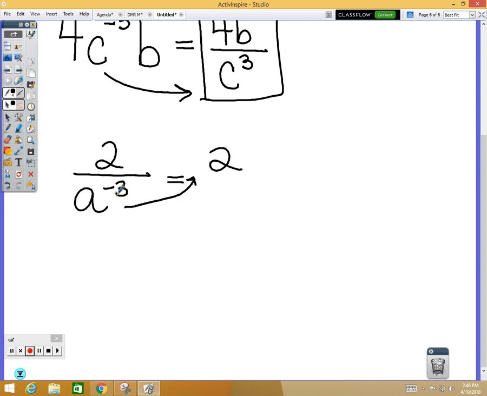So anytime you move it from either the top to the bottom or the bottom to the top, it changes it from being positive to negative, negative to positive. Okay, so if I move it up with my 2, now it becomes a positive 3. What's technically on the bottom now? Technically on the bottom is a 1, but we don't ever show that. We would just write it as 2a to the third power.